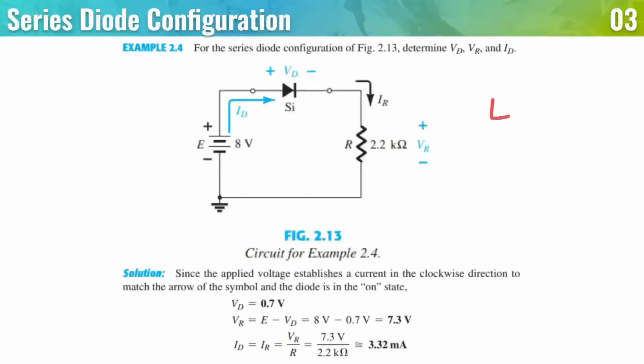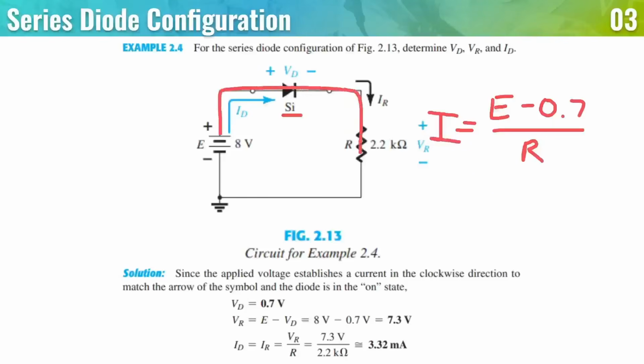We can have E minus 0.7, since it is a silicon diode, over the resistance. This is going to represent the current flowing throughout this loop shown here.